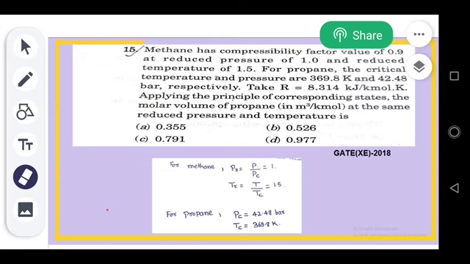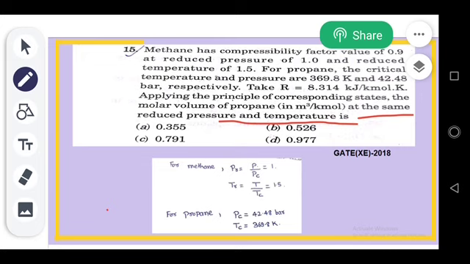So we have to solve this problem. What is given? Read the last line of the question. It says at same reduced pressure and temperature. So we can apply. It is given here that you have to apply the principle of corresponding state.